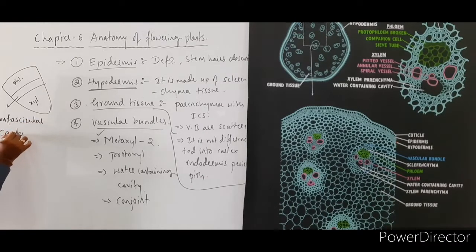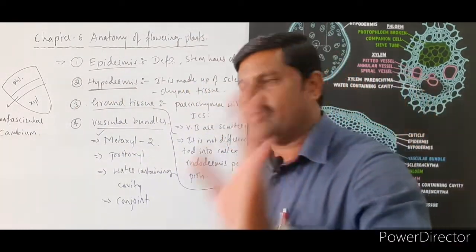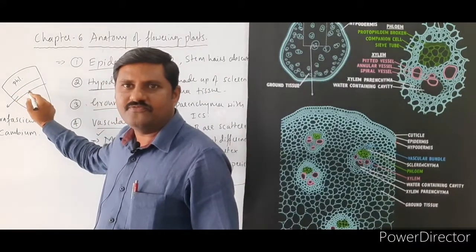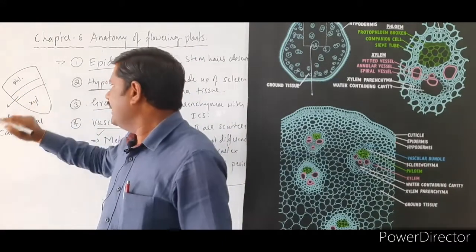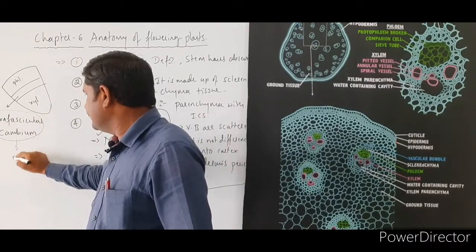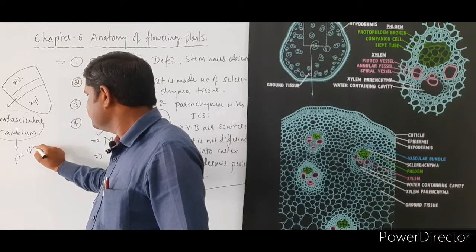I had explained, I hope you remember it. Intrafascicular cambium, it is called. This is a 3 to 4 celled layer, and this is responsible for what? It is responsible for secondary growth.